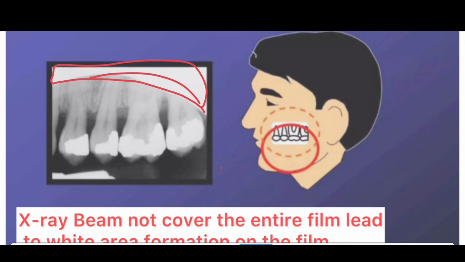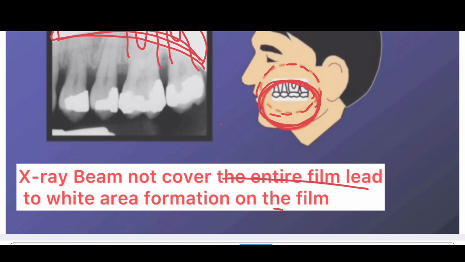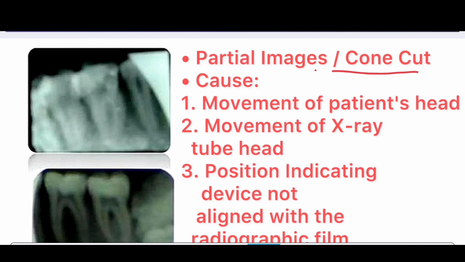If we had placed the X-ray tube properly, proper imaging would have occurred. But because of wrong placement of the X-ray tube, the molars are not there and there is a cone cut. The X-ray beam does not cover the film entirely, which leads to white area formation. This white area formation in the film is called cone cut. The other name for cone cut is partial image.